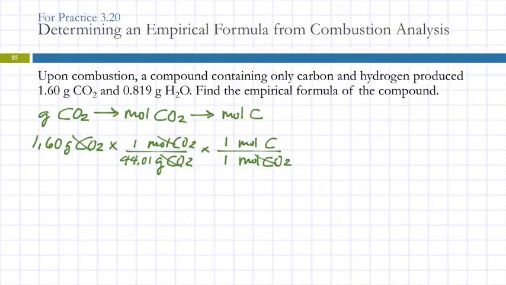Okay, so this gives me a number of moles of carbon, 0.0363. On these problems, the sig figs are going to disappear in the end because we're going to end up with whole numbers. What we want to do is avoid rounding. Rounding can really mess up an answer here.